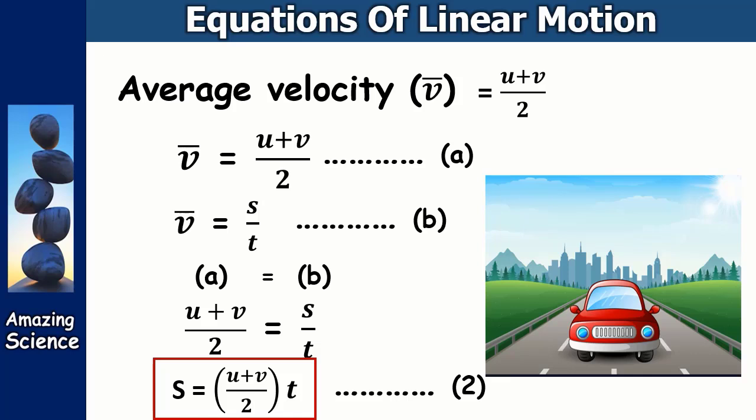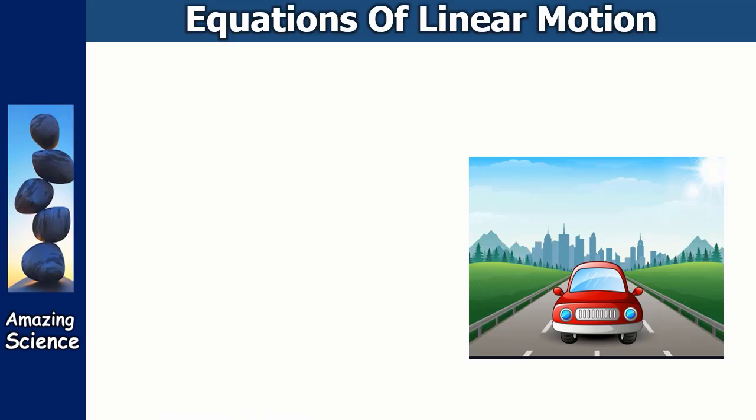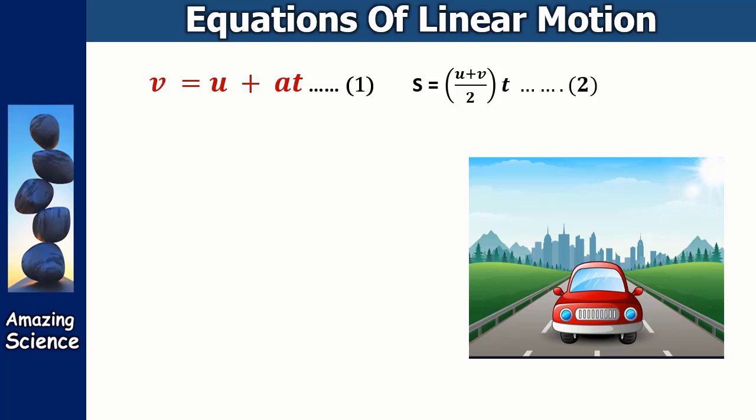If you want to proceed to find the rest of the equations, what we have to do is that from equation 1, we can substitute the expression for v, which is u plus at, into equation 2. When we do that, we are going to have s is equal to u plus at all divided by 2 all multiplied by t. Then s is going to give us 2u plus at divided by 2 all multiplied by t.